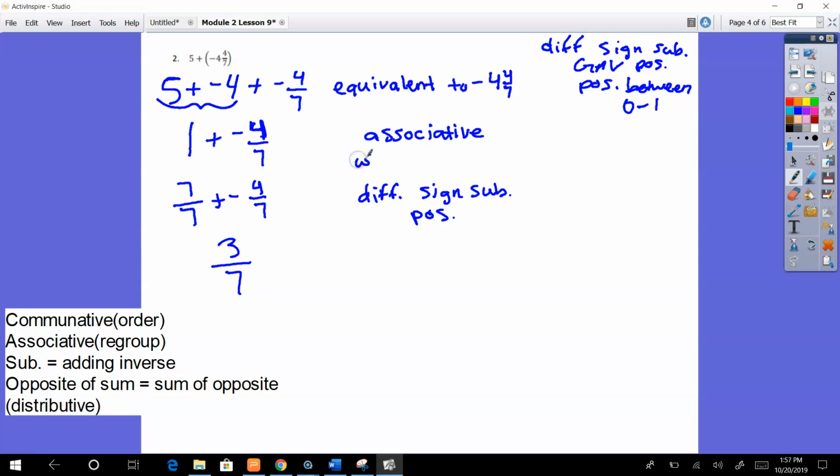Maybe we say something about the whole number 1, sorry. 1 is equal to 7 over 7, the same as 1 is equal to 6 over 6. Whatever your denominator is makes it the easiest. So 3 and 3/7.